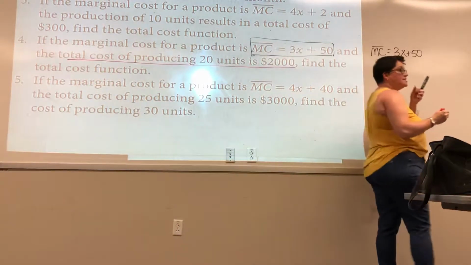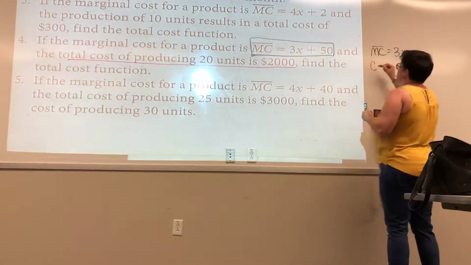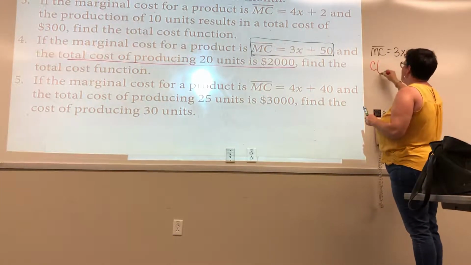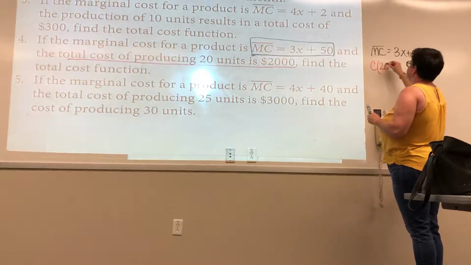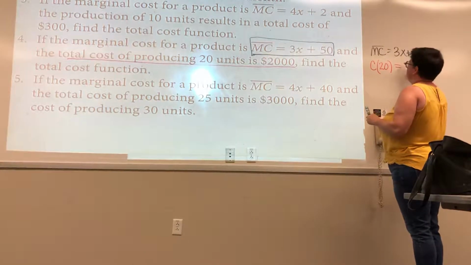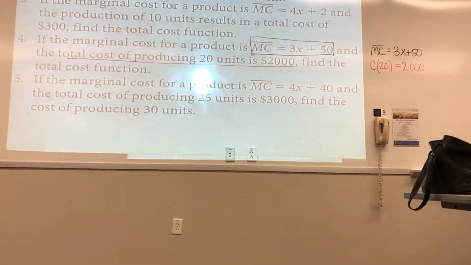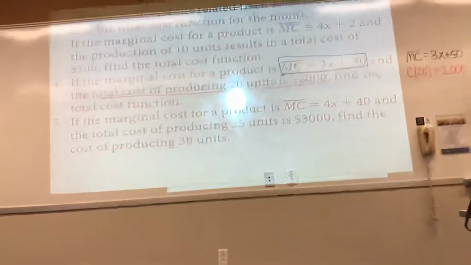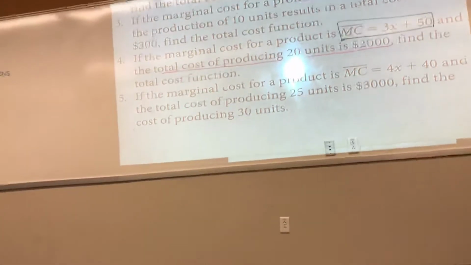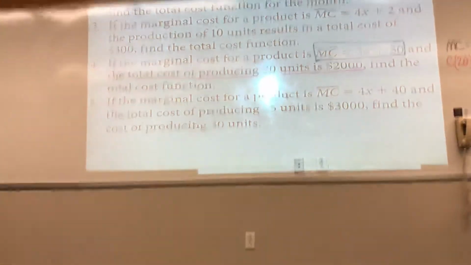I'm going to convert that to math right now. The total cost of producing 20 units is $2,000. If this still throws you, what's my X value in this? 20 units.